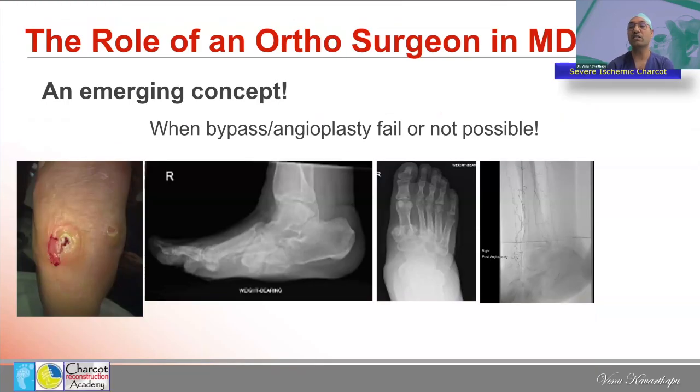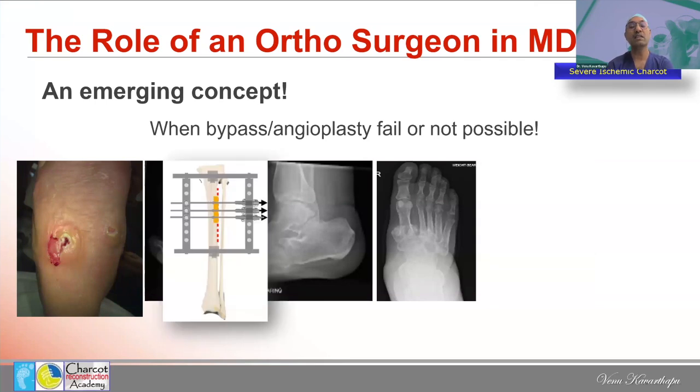Even severe ischemic Charcot foot deformities that cannot be corrected with advanced vascular revascularization procedures can be considered in selected patients for such newly developing treatments.